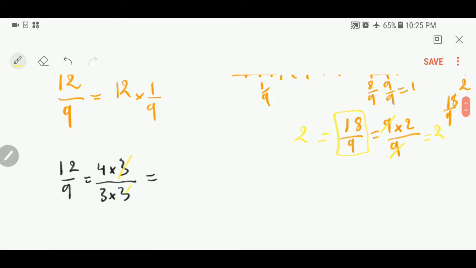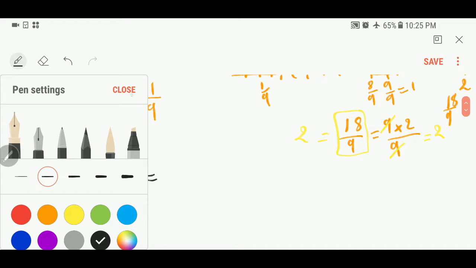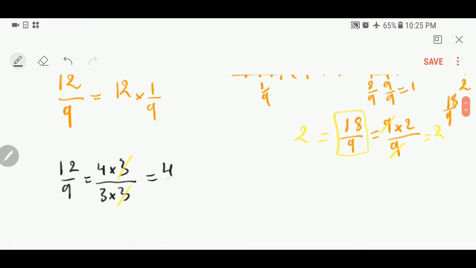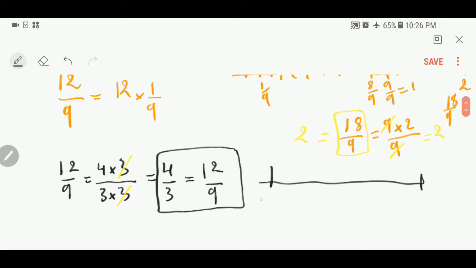You cancel out 3, and then you're going to end up with 4 over 3, which is 4/3. So instead of 12 over 9, this 4/3 is better. Okay, 4/3 in the line segment is more than 1 because the numerator is greater than the denominator.